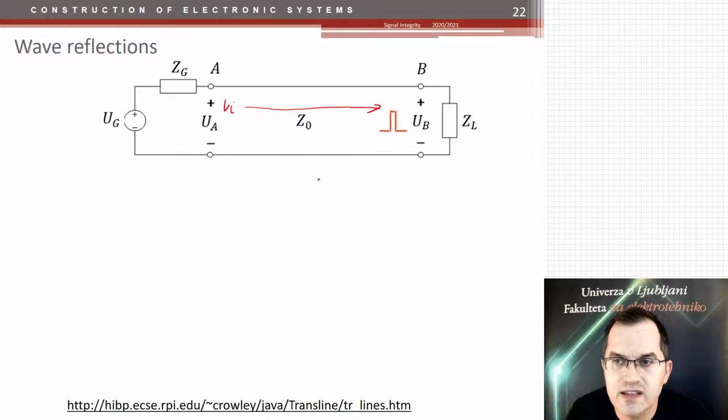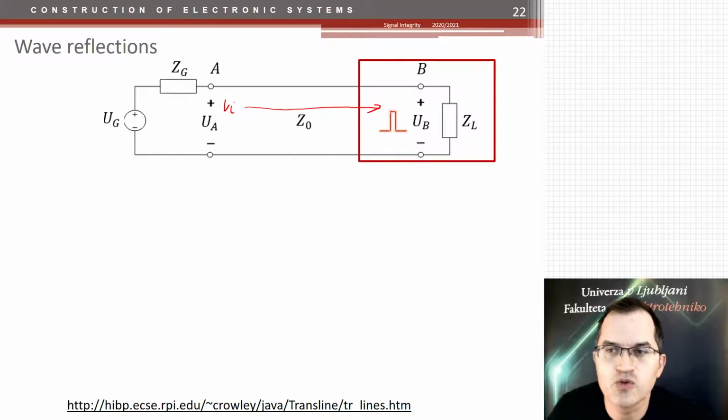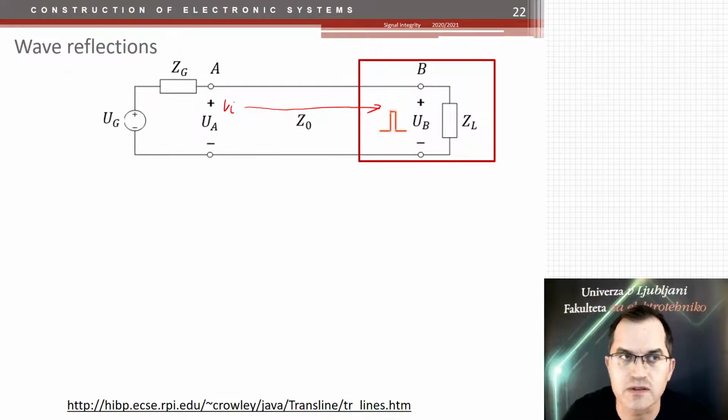So what happens then? We want to know what happens on the load side, and usually we get some sort of reflection. So what is a reflection? Well, a reflection means that a part of that signal gets absorbed in the load and the other part gets reflected back. So why does that happen?